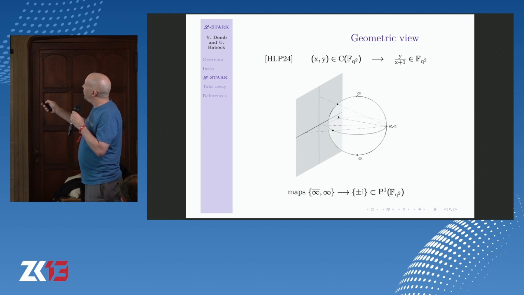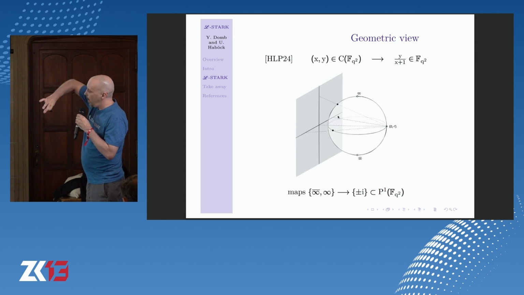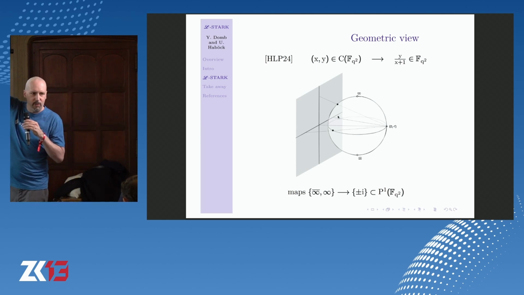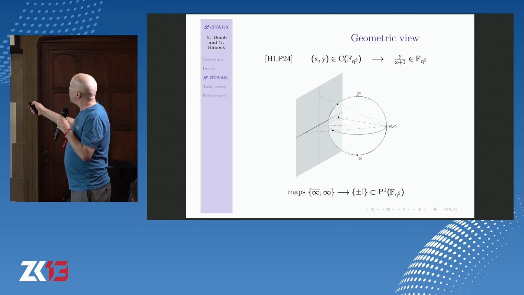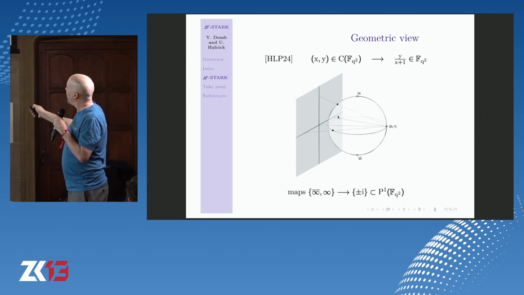And what's not in that picture: if you think about the orbits of a point under the rotation group that keeps the 2 points at infinity fixed, you will see also circles here. They're not concentric, but they're circles.